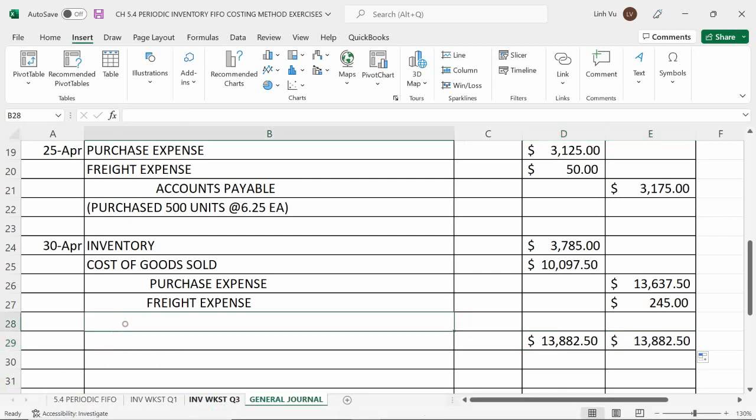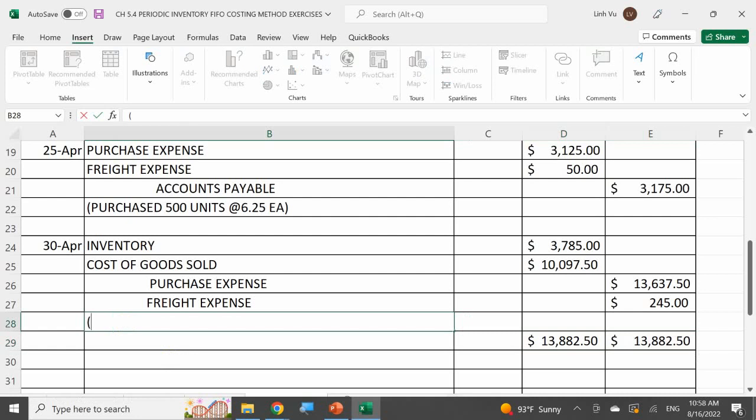Okay? And of course, I need to add a little description here saying conversion entry for periodic inventory.